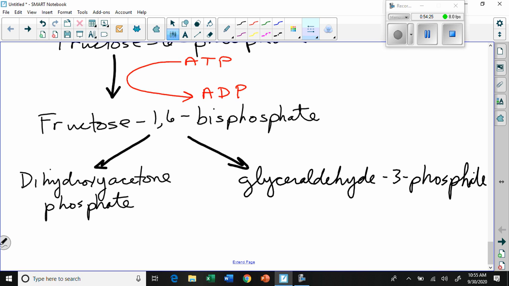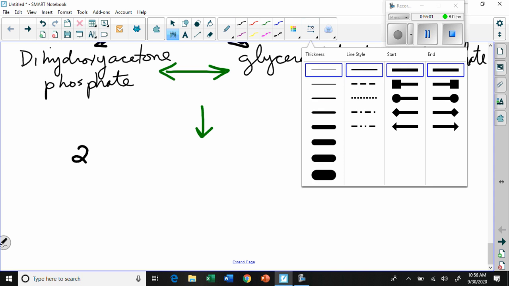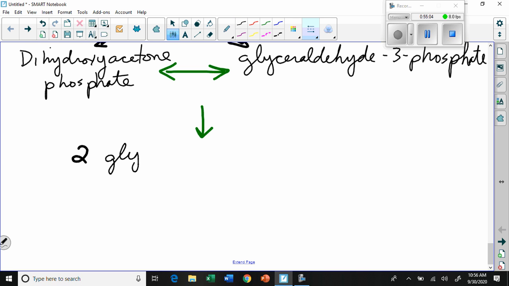But because of the action of the enzyme, the isomerase enzyme, the dihydroxyacetone phosphate can also quickly turn into a glyceraldehyde 3-phosphate, which means that effectively we have 2 glyceraldehyde 3-phosphates. Right? So what that means is then the result of this, coming out of this step, means essentially what we have now are 2 glyceraldehyde 3-phosphates. So I'll write it like this.